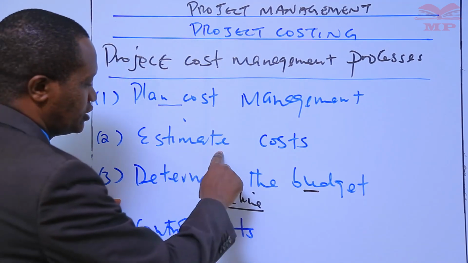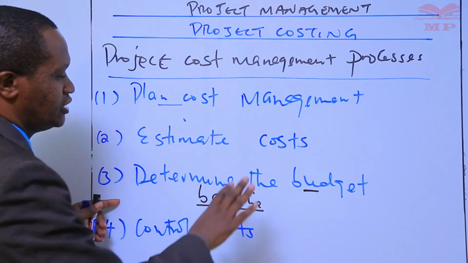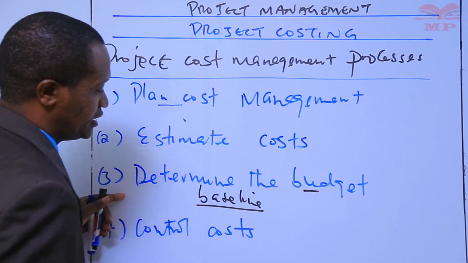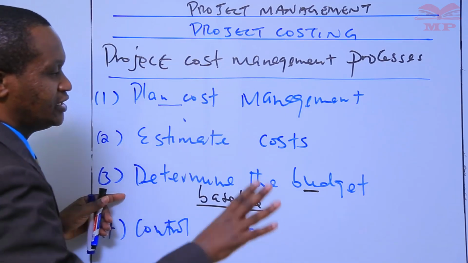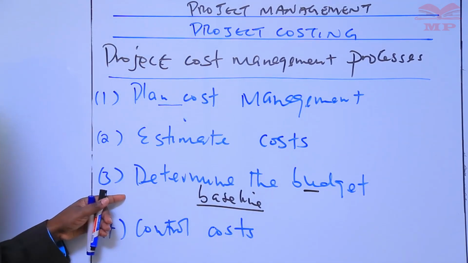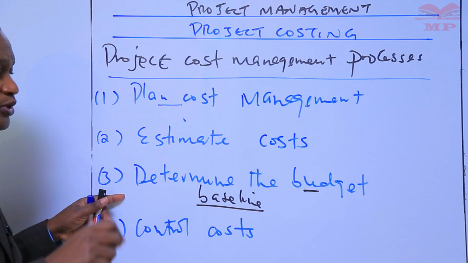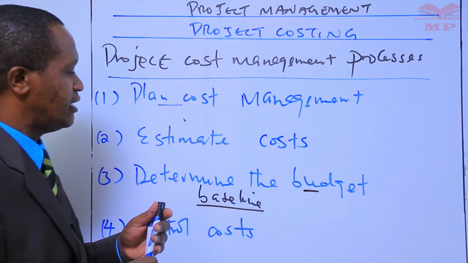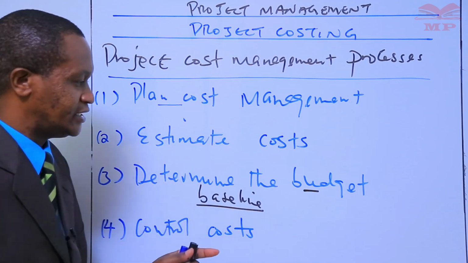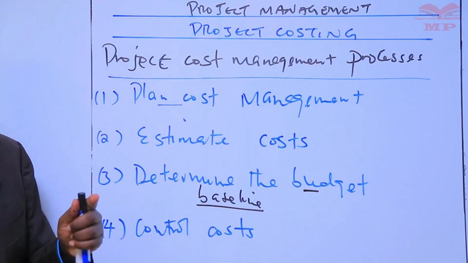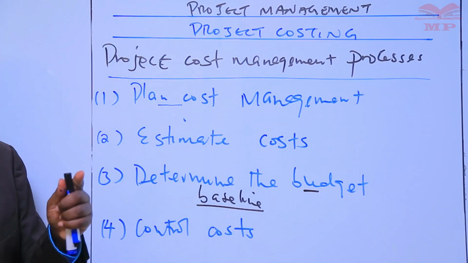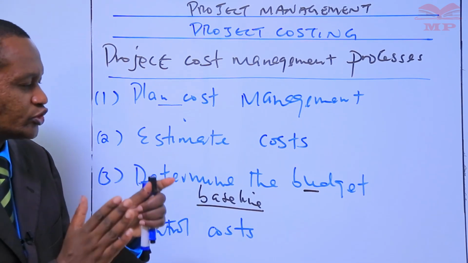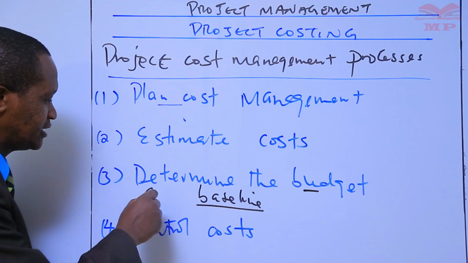After estimating the cost, after determining what costs are needed at each level or under every activity, there has to be a budget that is developed, what we are calling a project budget. The main benefit of having a project budget is that it determines the cost baseline.